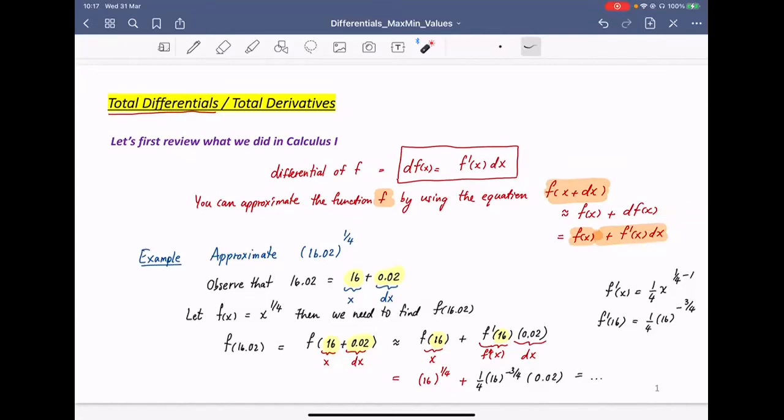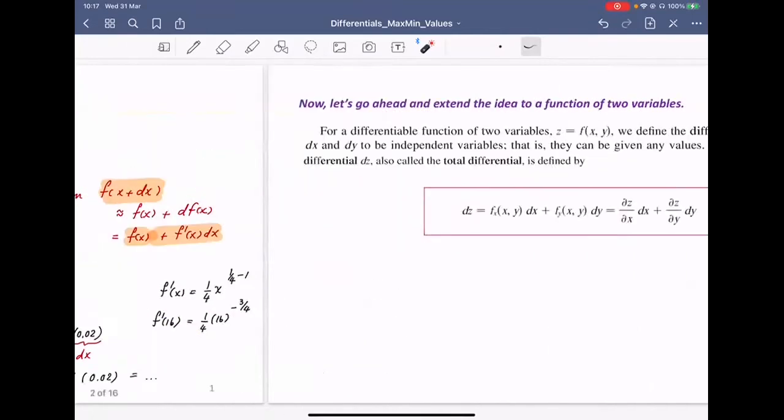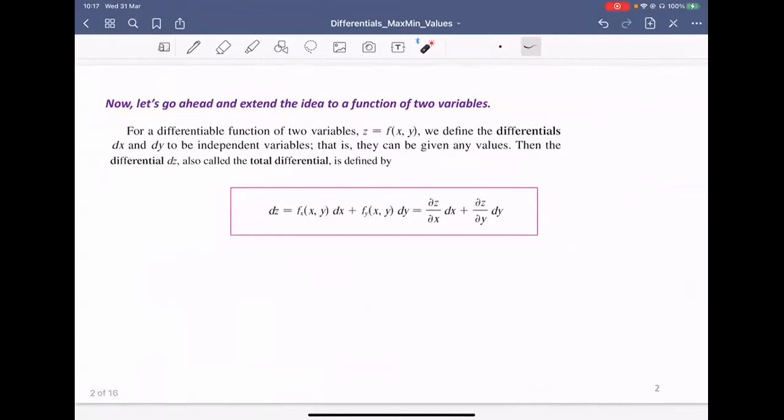Well, the idea here for calculus 2, this is what we are going to do. So we have a function of two variables, f(x, y). This is the function that we have. So we are going to define the total differential.